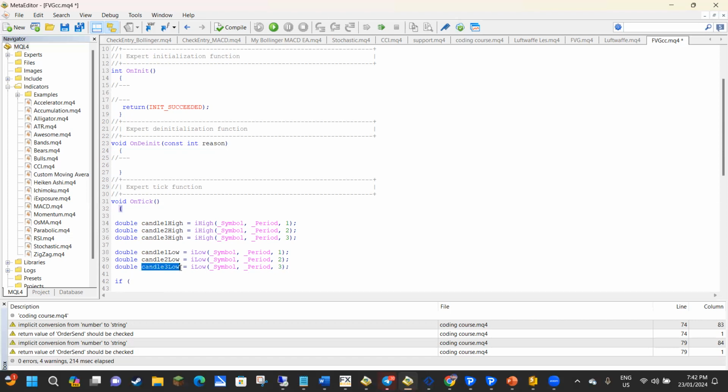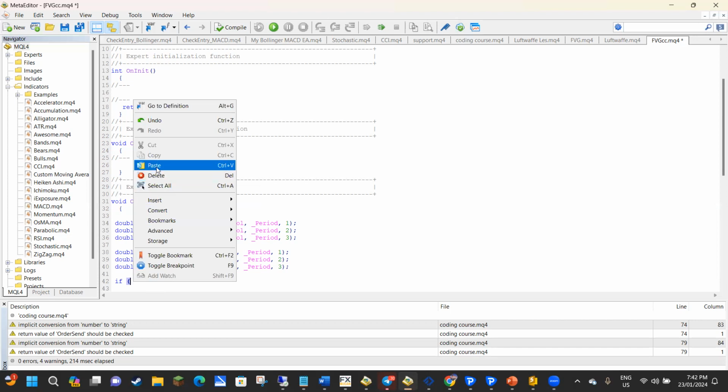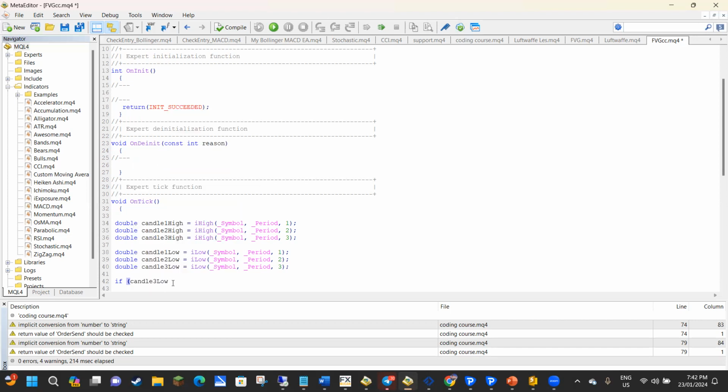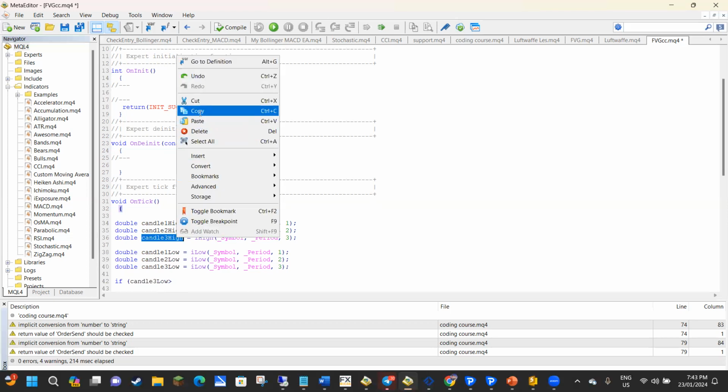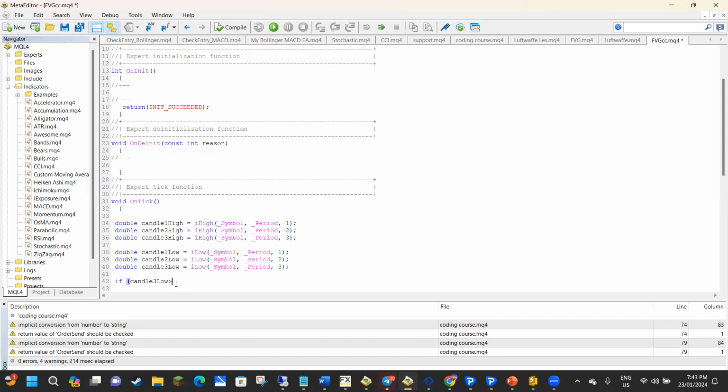So if candle 3 low, if the lowest point of that third candle is greater than the highest value of the first candle, then that means there's a gap. And yeah, that's as far as I'll go with that tonight.